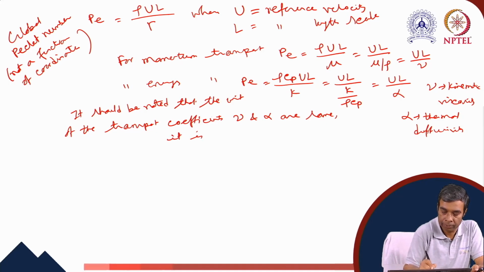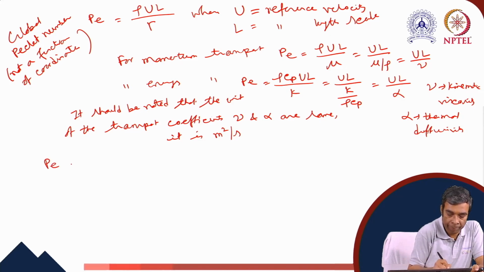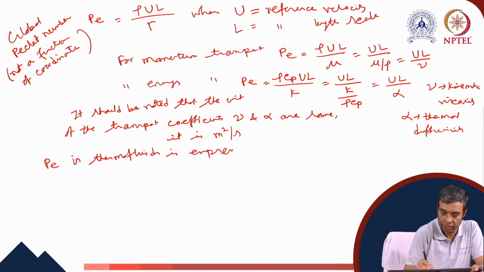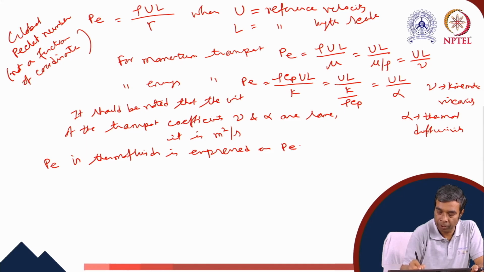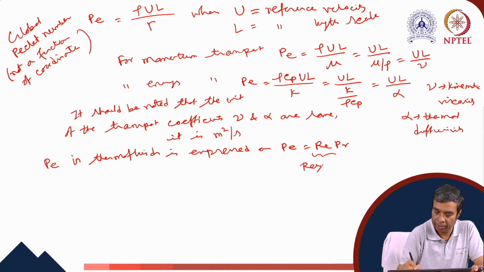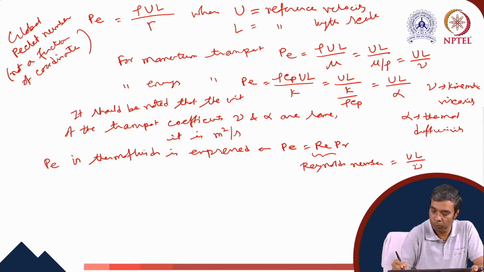It is meter square per second. The Peclet number in thermofluids is expressed as Pe equals Re into Pr, where Re is the Reynolds number equals UL by nu, and Pr is the Prandtl number equals nu by alpha.